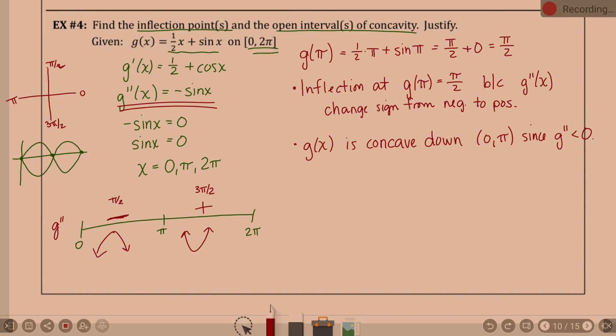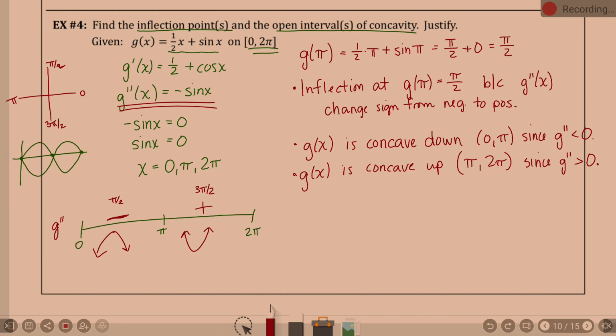Since your second derivative is negative, g double prime is less than 0. g of x is concave up from pi to 2 pi, since g double prime is greater than 0.